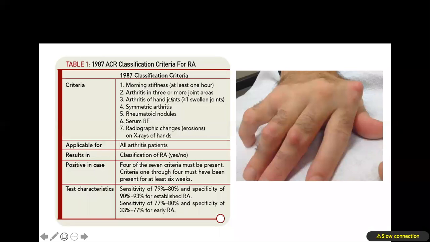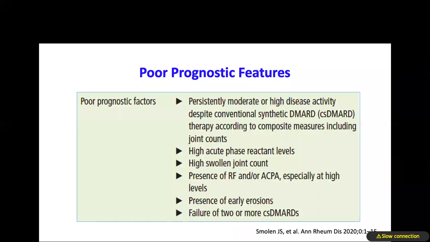So it is better for people to use the EULAR criteria, which are in the 2010, 2012, 2015 period, because it picks up early arthritis. So identifying early arthritis is very important.